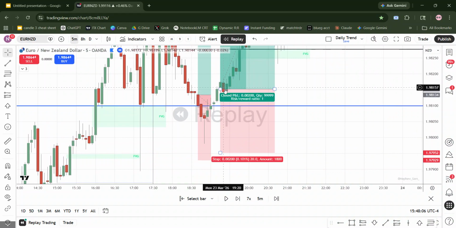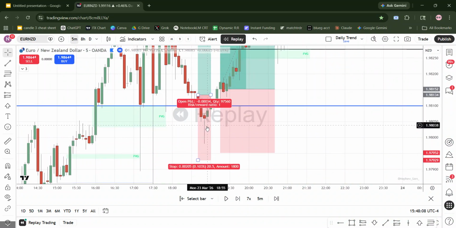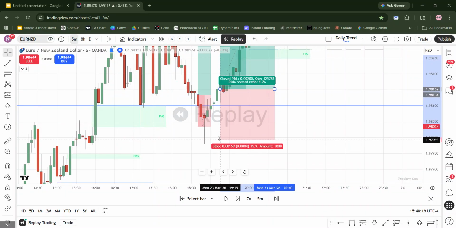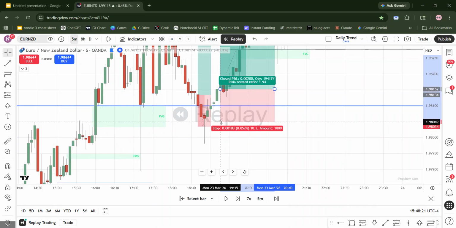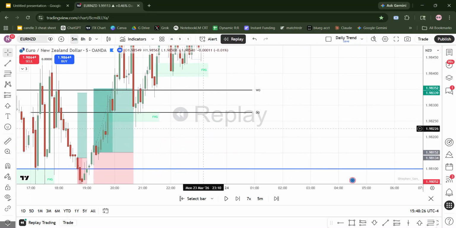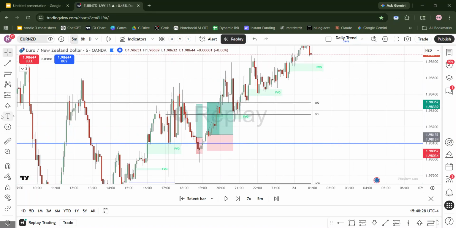Now that I have my second entry, remember that both stop losses have to equal, what do we say? 20 pips. So all we do is we adjust this to 10 and adjust this to 10, just like that. Okay, so let's type that out real quick just so we can keep track of what we're doing.